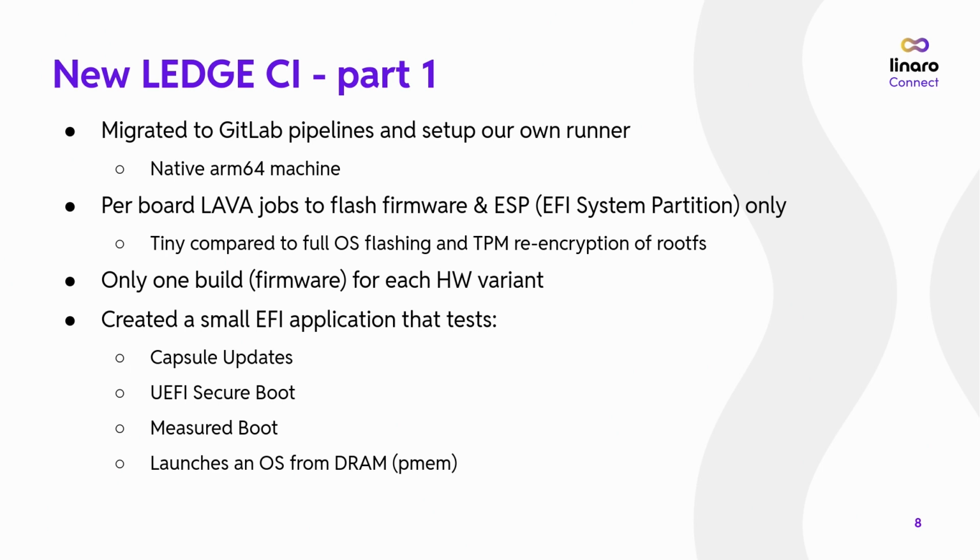and then launch the OS from the RAM, and this is a very new feature. The main difference compared to the old CI was the OS was running on the RAM all the time, so it was not flashing to the storage like an SD card or MMC.